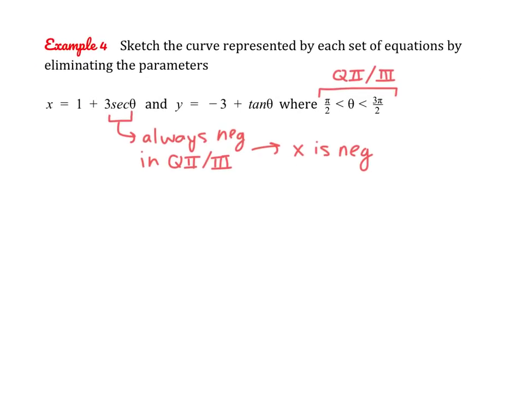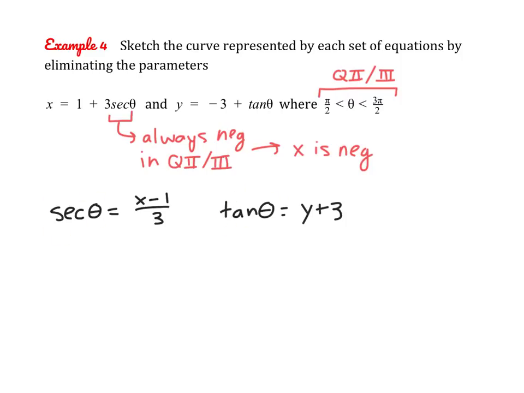So now let's go through that same process of isolating secant and tangent. We're going to isolate theta as much as we can. So we have secant of theta equals x minus 1 over 3, and we have tangent of theta equals y plus 3. So we want to find a way to rewrite just using x and y. So I'm wondering, is there some sort of equation or identity we know that involves just secant and tangent?